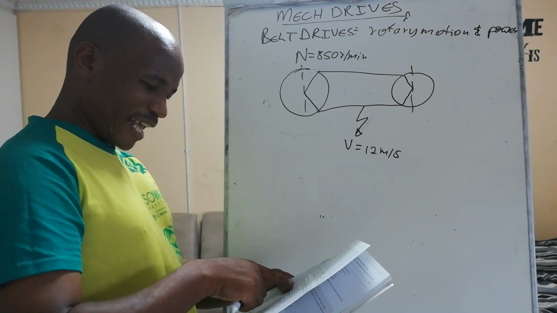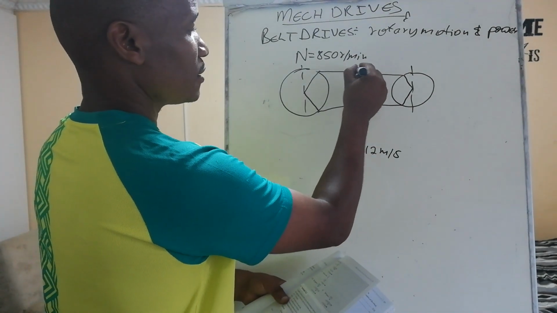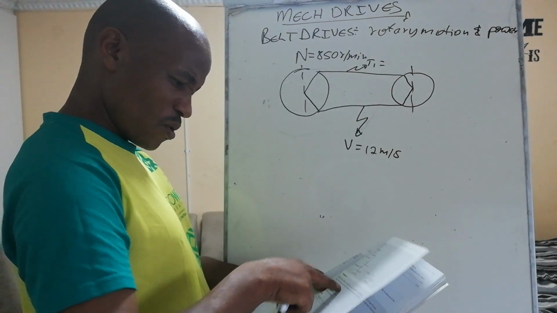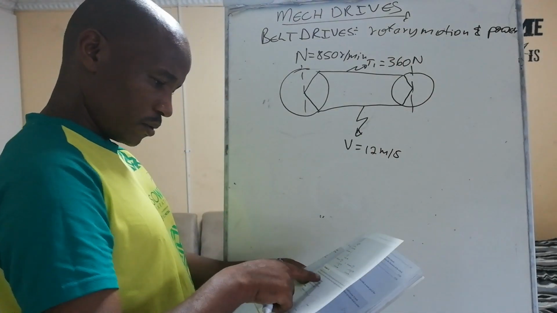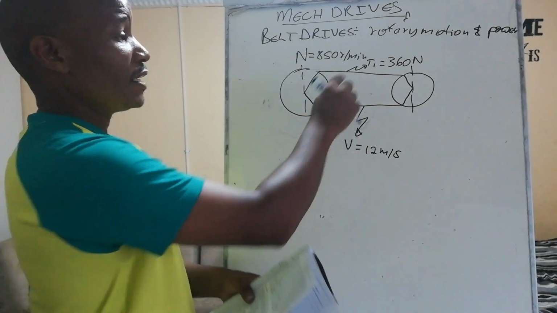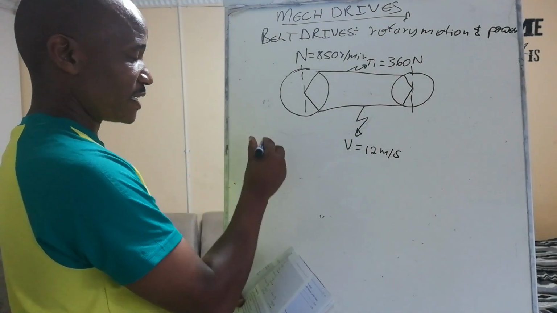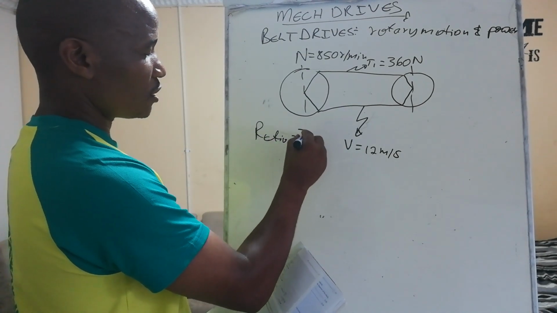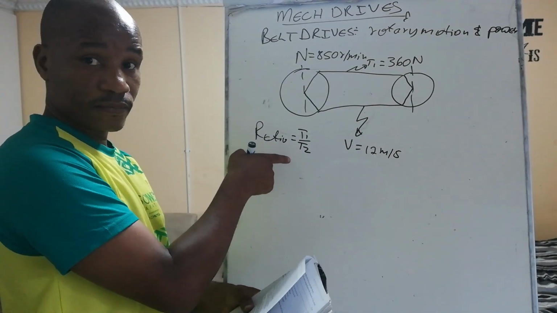Now, the tension in the tight side, T1, is equal to 360 Newton. And the tension ratio, the ratio between the tight side and the slack side, which is T1 over T2, is a ratio, guys.